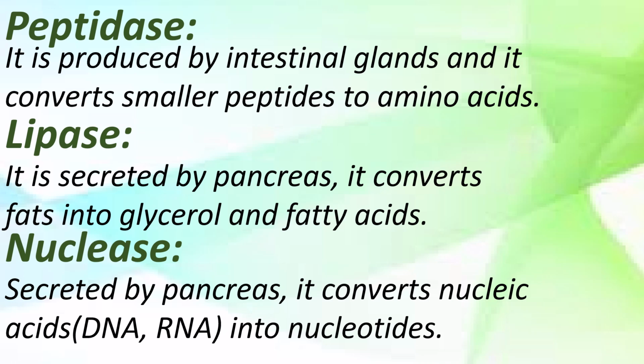RNA, ribonucleic acid, is composed of ribose sugar, phosphate group, and nitrogenous base. Nuclease converts them into nucleotides. A nucleotide is a molecule consisting of nitrogenous base, sugar, and phosphate group.